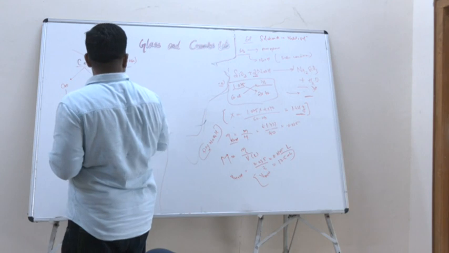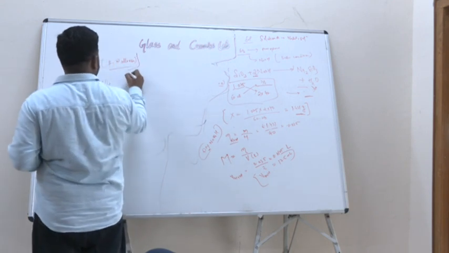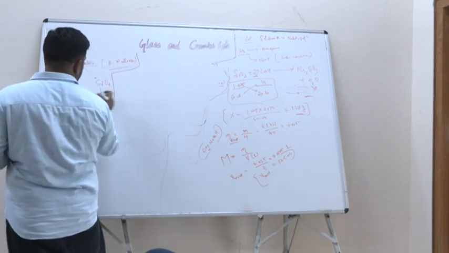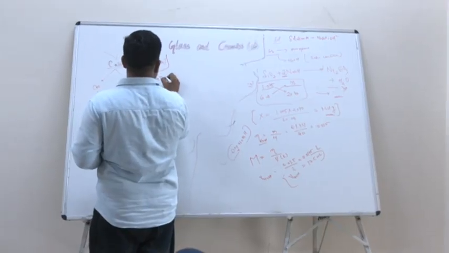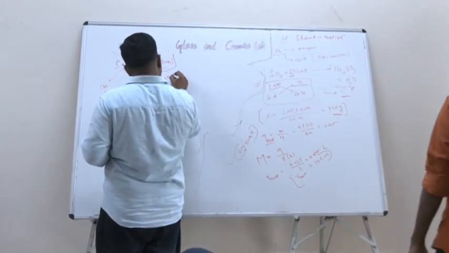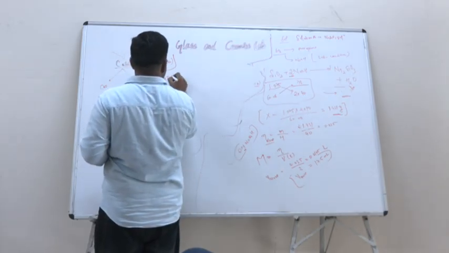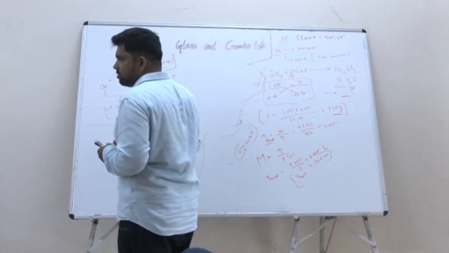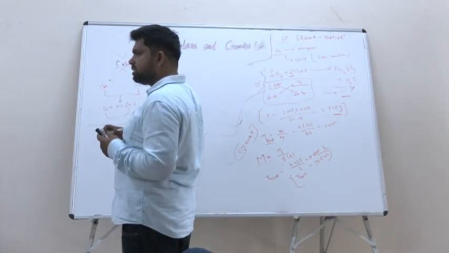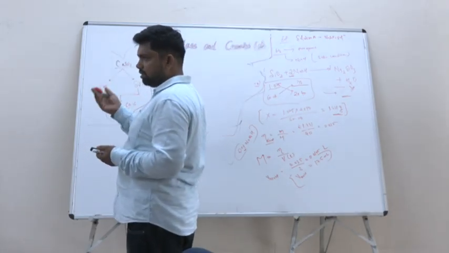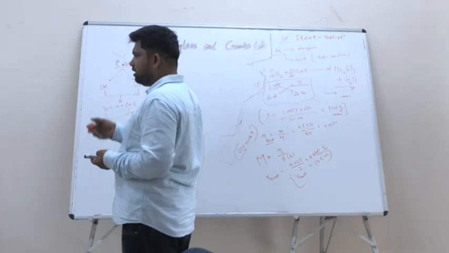Now we have another component, that is calcium oxide. Calcium oxide can dissolve in acids like hydrochloric acid, nitric acid, HF.